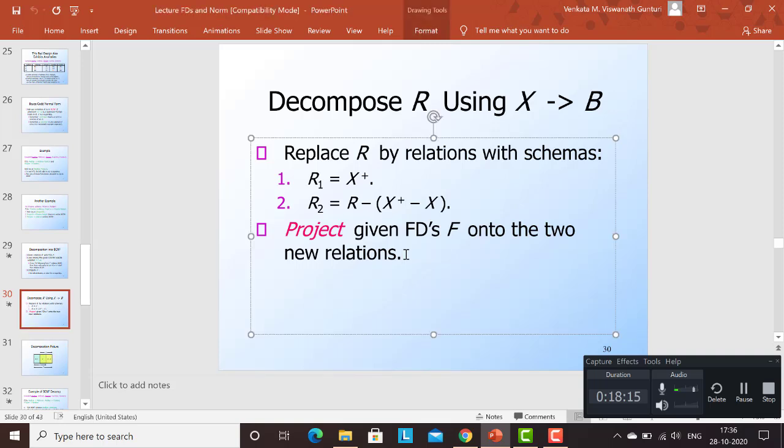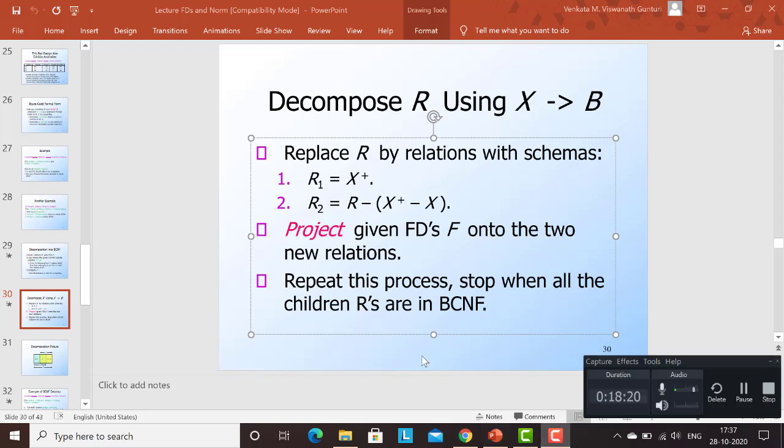So maybe I should write here as a step. I wrote this last statement that you keep doing this. After you project the initial set of FDs onto R1 and R2, you will again check whether R1 was in BCNF or not, or whether R2 was in BCNF or not. If at least either one of them is not in BCNF, then you keep doing this.